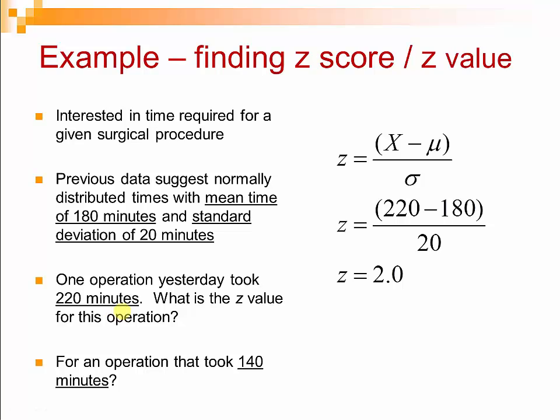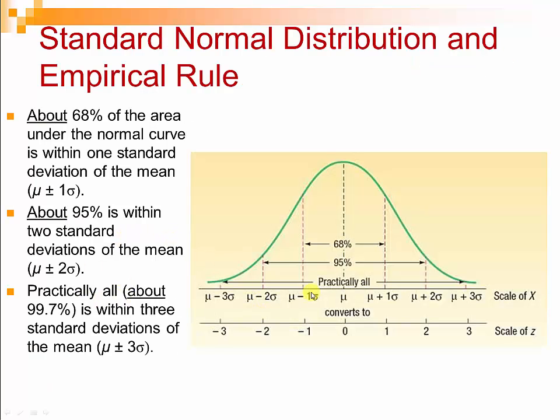And since the standard normal distribution is a nice symmetrical distribution, we can use what's known as the empirical rule to help us determine what proportion of the area under the curve falls within certain standard deviation values. And that should ring true, the empirical or normal rule we talked about previously. So about 68% of the area under the curve is within plus and minus one standard deviation of the mean.